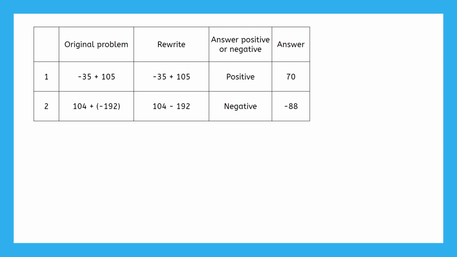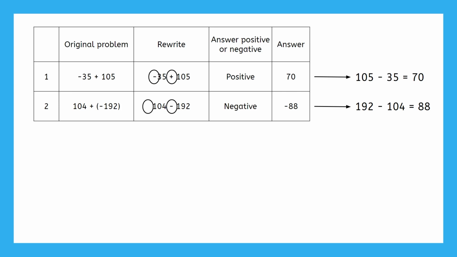In problems 1 and 2, we ended up subtracting the two numbers, and then the final answer was either the positive or negative version of that number, which we had already determined. What do those problems have in common? There are two different signs present.